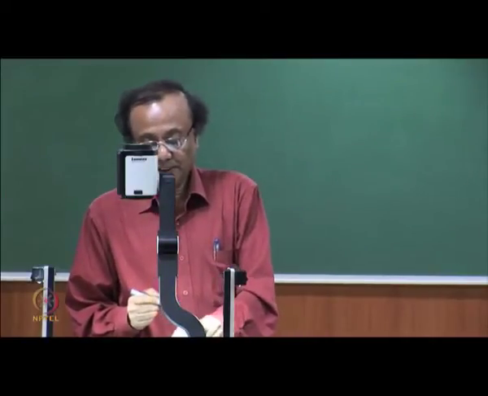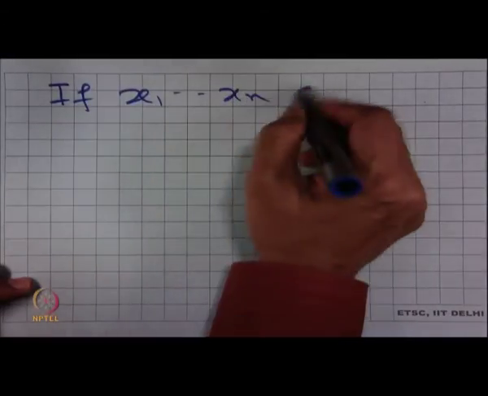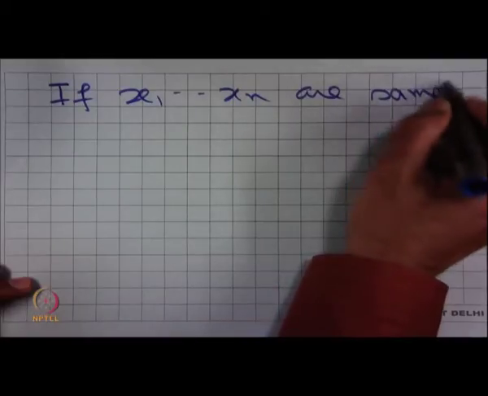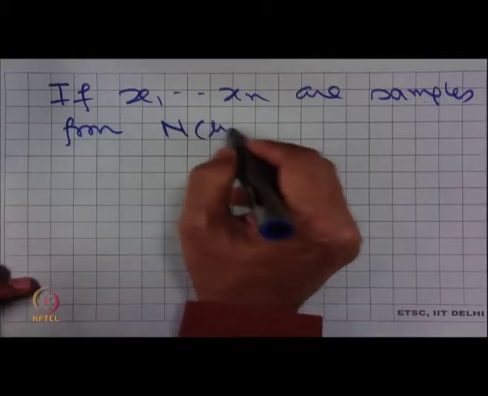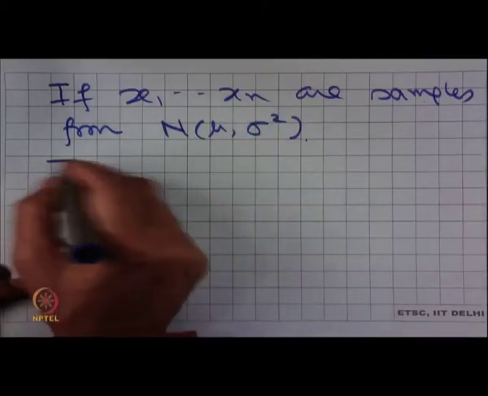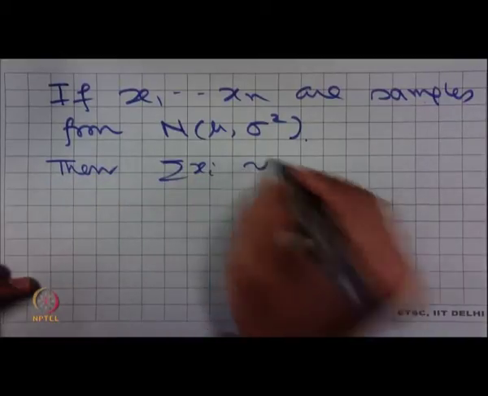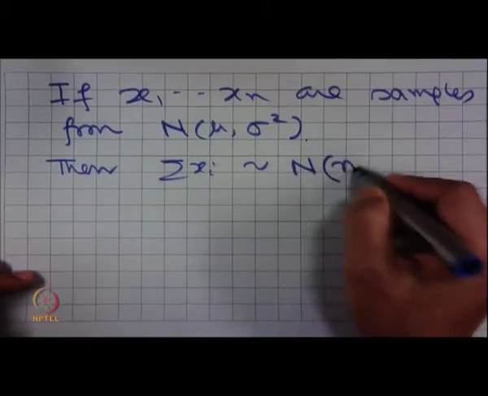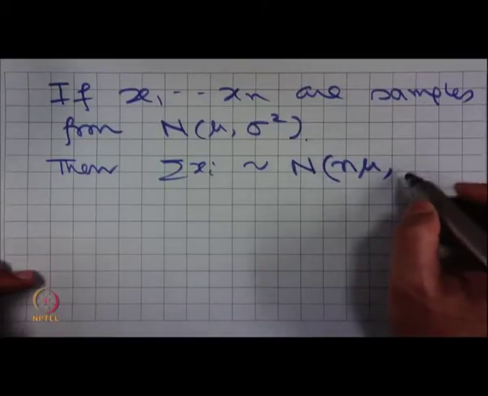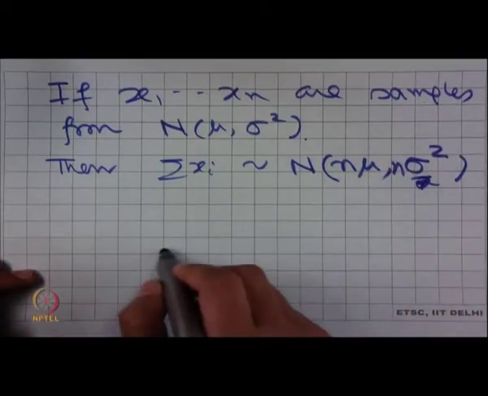So far what we have studied, that if x 1, x 2, up to x n are samples from normal distribution, then sum of x i is normal with mean equal to n mu and variance equal to n sigma square.